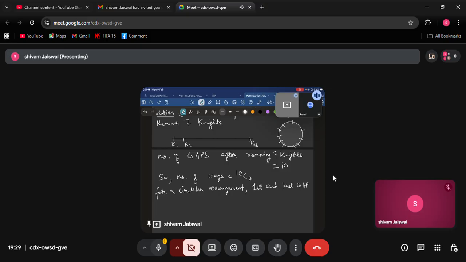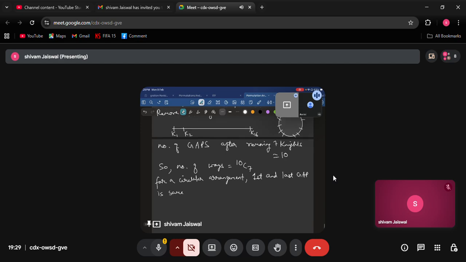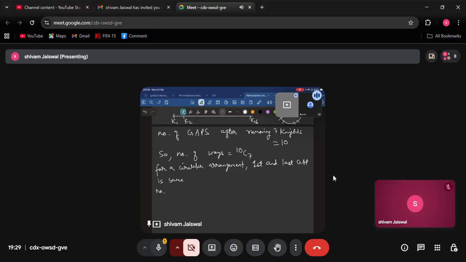So what I'm going to do is I'll subtract those cases when I'm selecting the first and the last gap. Right. So what is the number of ways we can select first and last gap?